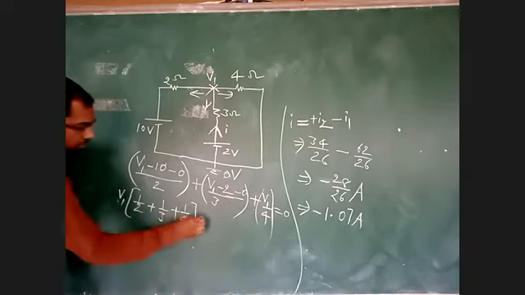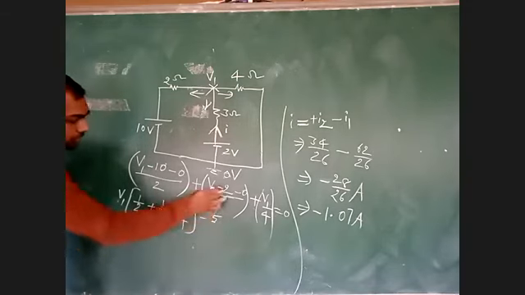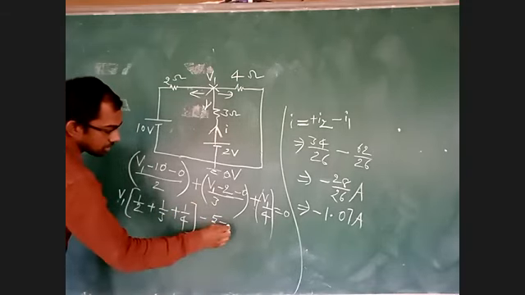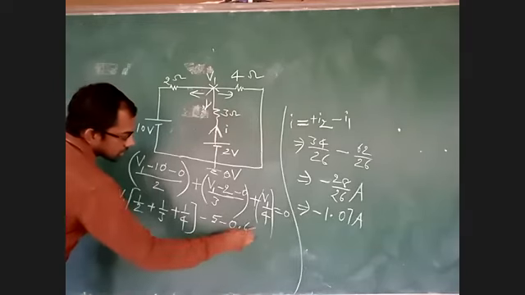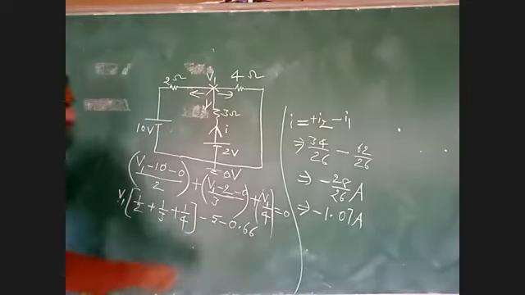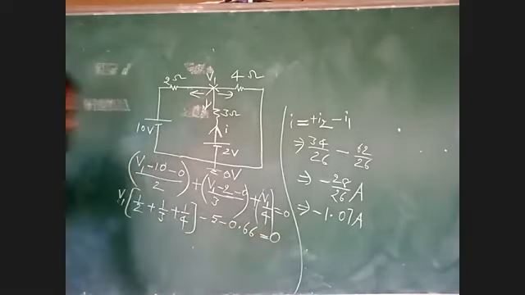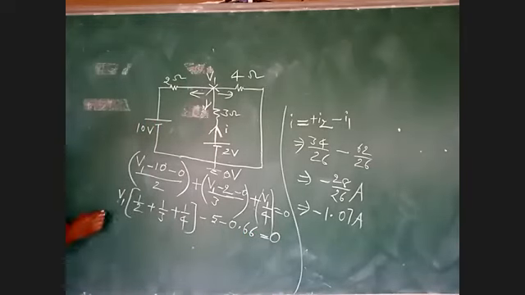Ten by 2 is 5. 2 by 3 is 0.66. Determine V1.